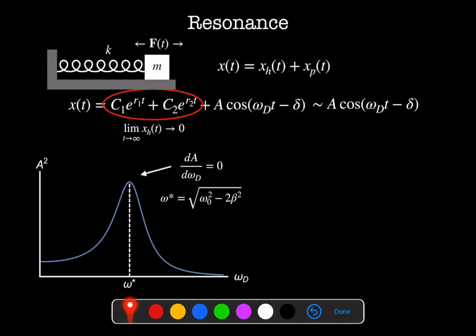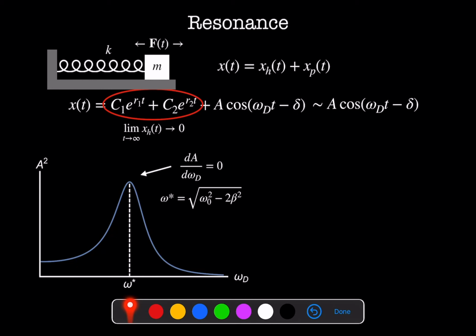And we find that that peak solution, the resonant frequency omega star, is equal to the square root of omega naught squared minus 2 beta squared. This is going to be the frequency that maximizes the amplitude. So as you're scanning through the frequencies, at some point you're going to have a very large response of your driven system, and it's going to happen when you drive it at exactly this omega star.